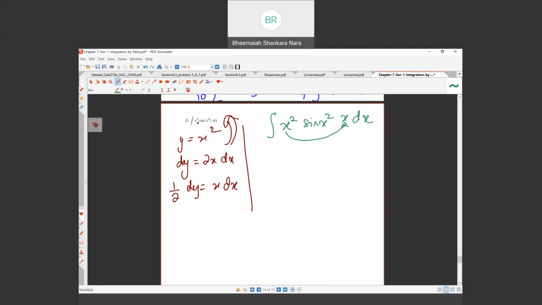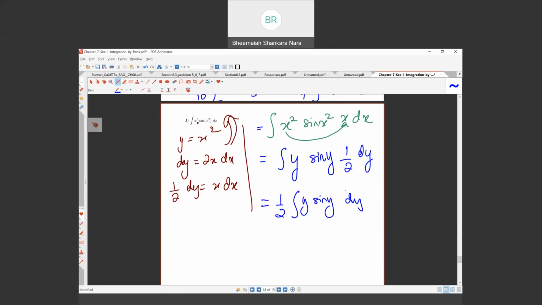You're breaking the multiplication of exponent terms. And now you know that the first x squared by the assumption is y, and then sin x squared becomes sin y, and x dx you derive by the sub rule. This is 1/2 dy. Now bring that 1/2 outside. You have y times sin y dy.